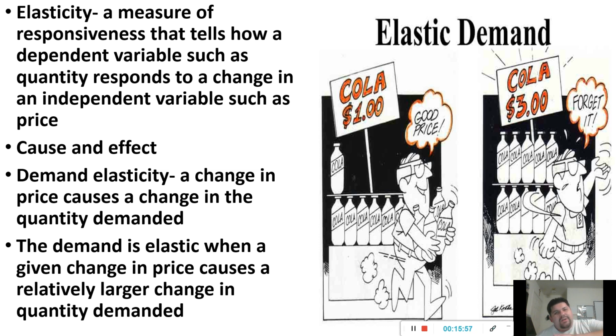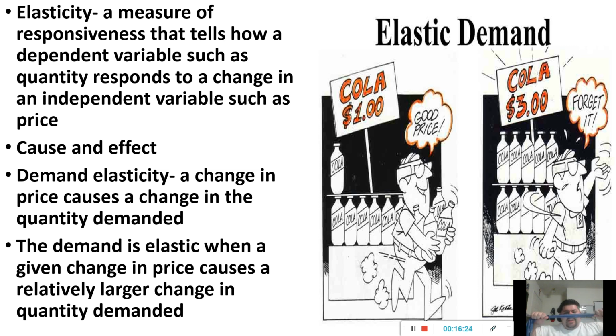Now, if a 24 pack of soda costs $15 to $20, you might not buy one. If you do buy any, you might buy just one, and that's it. And you might be like, you know what, you better get that last drop out of that can, because that stuff was expensive. And that's what elastic means.